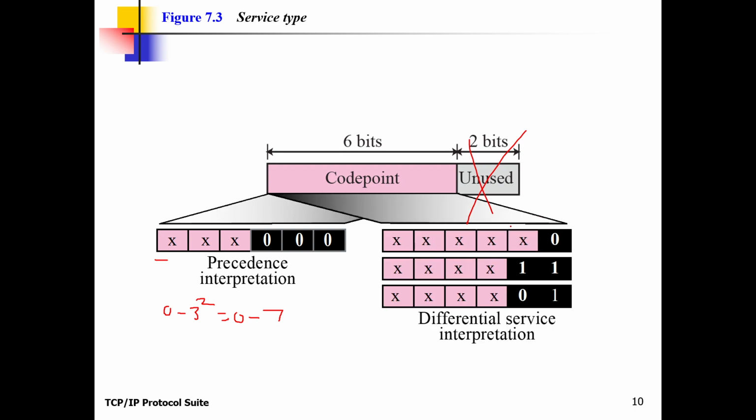And the other option is a different interpretation of the first bits, which will give you a differential services interpretation. So the 6-bit services, and that's the map for it in here.